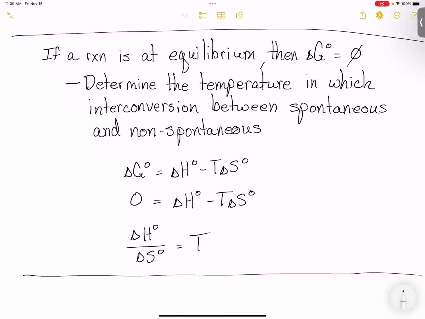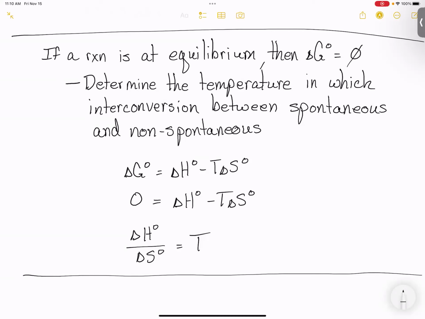So just to recap, we are going to perform Gibbs free energy calculations today. We are going to use two different equations to accomplish that task. The major issue with these equations, because they're fairly straightforward, is making sure that the units match.